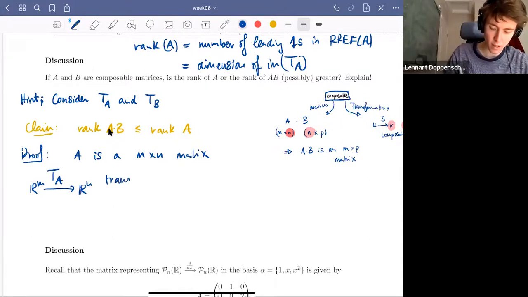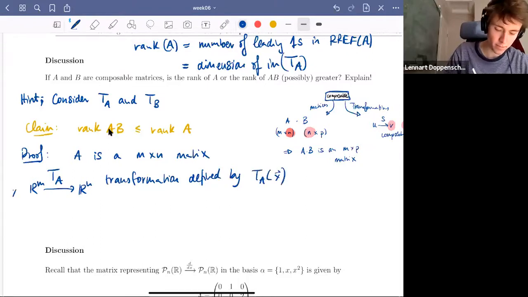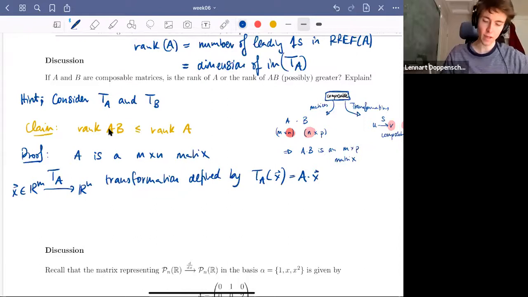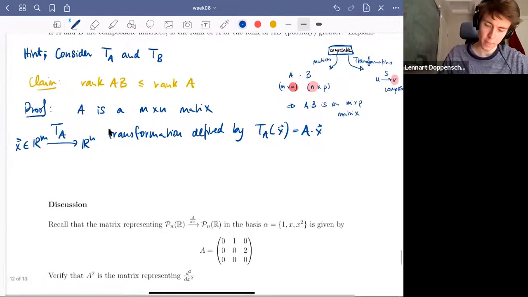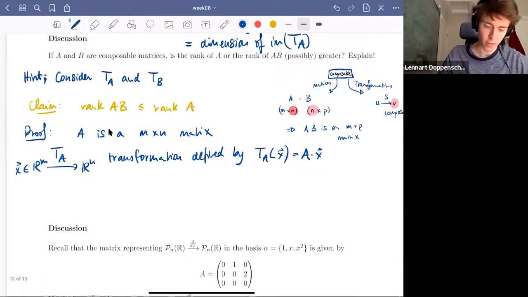This is the linear transformation defined by T_A of a vector x, where x is in R^m, is just the matrix product A times x. And the same is true for B. We run out of space very, very quickly.